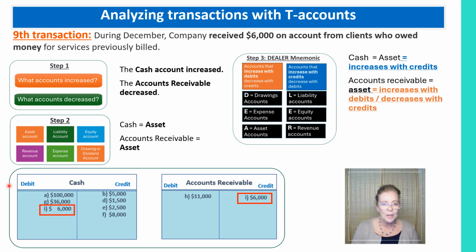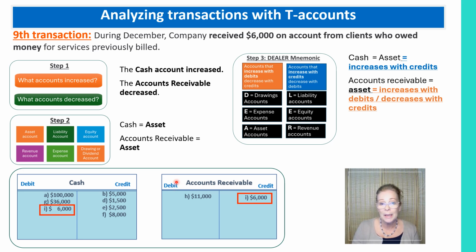We'll now write this transaction using T accounts. We find the T account for cash and write the transaction ID of I and the amount of $6,000 into the debit column of the cash account, because we determined in step 3 that we would debit cash. The amount for the accounts receivable account decreased.